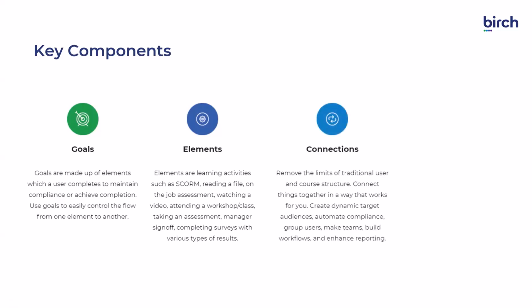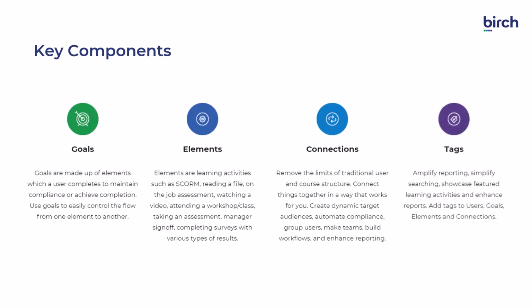We then have connections and we have tags, which provide the flexibility in how you create your learning groups and your work teams. The tags can also be used to enhance some of the reports and are a way to display featured learning in the catalogue. We'll touch on some of these components today and how they work within the reporting section.